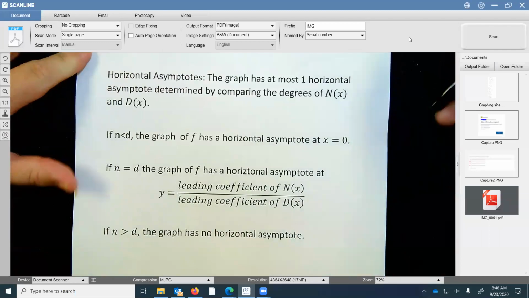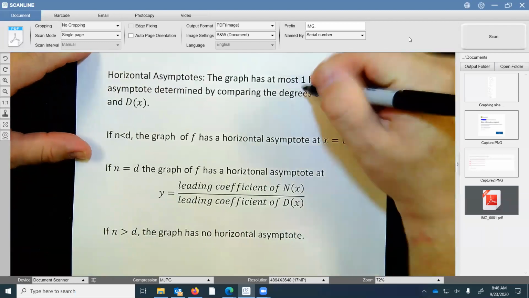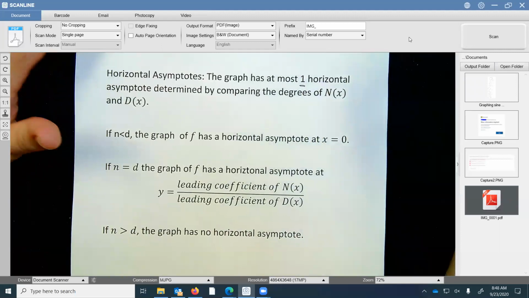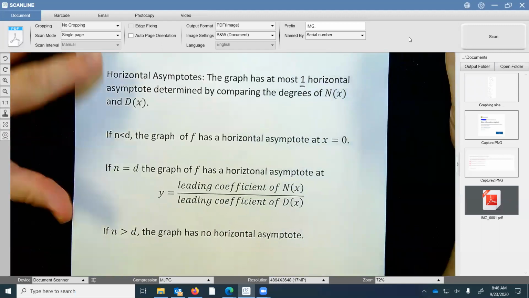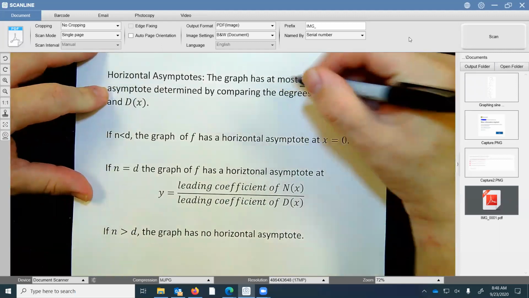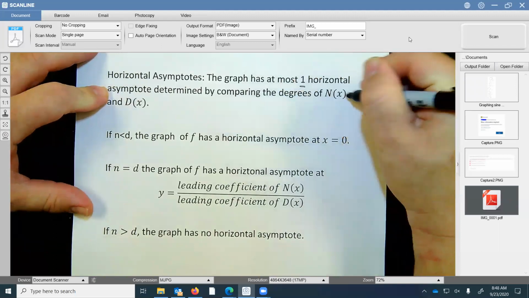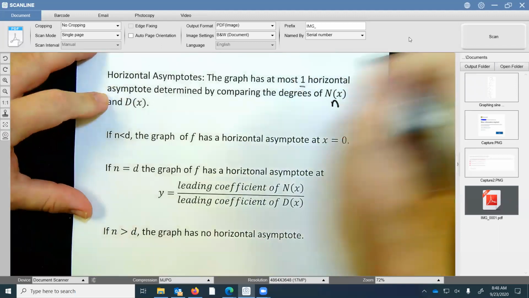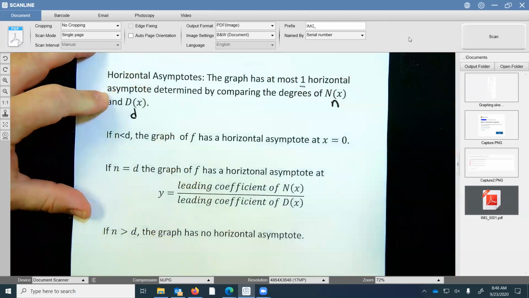Okay. So we can have at most one horizontal asymptote. There's not going to be two, not going to be three. And it talks about comparing the degrees of the numerator, which I called n, and the degrees of the denominator, which I called d.